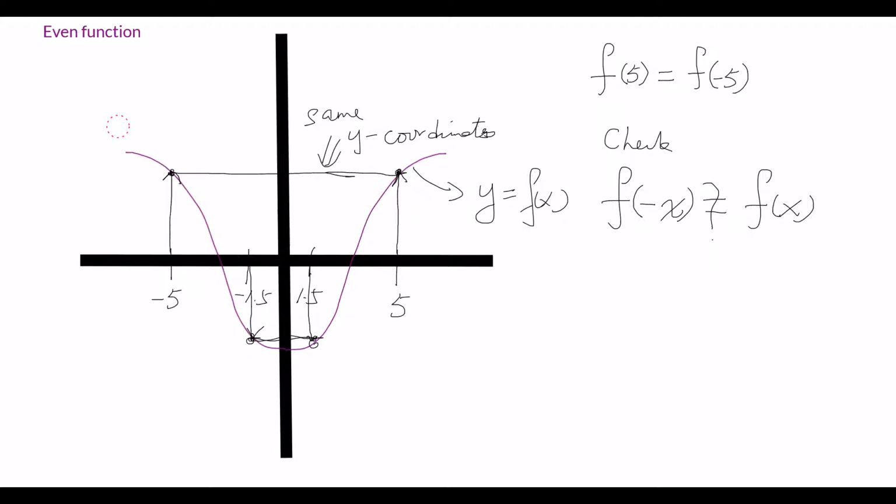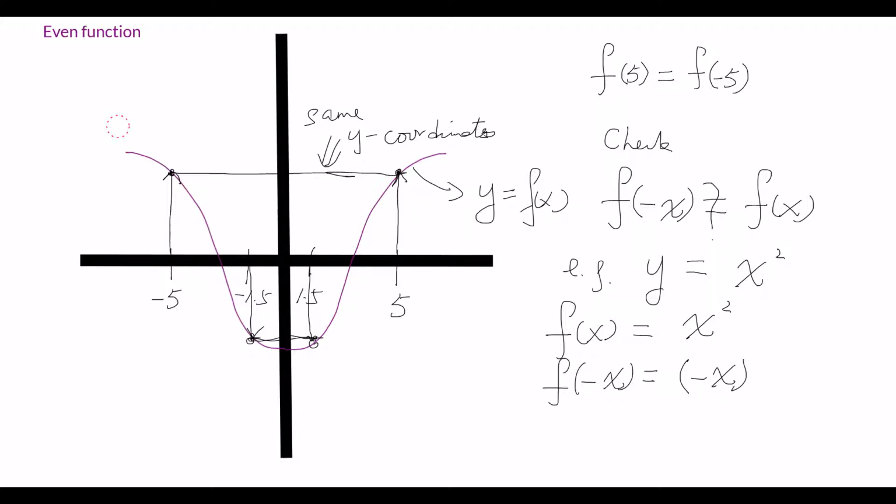For example, if there's a function y equals x squared, okay, the simple one, f(x) is x squared, but if I have f(-x), it means I replace x by -x, therefore we have (-x) squared, but it turns out the same as x squared. Therefore, these two are the same.